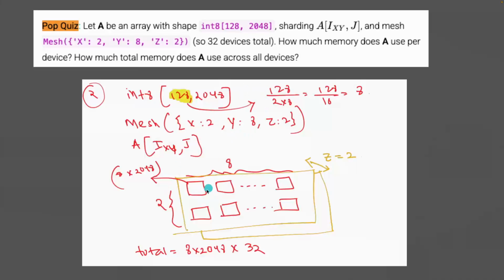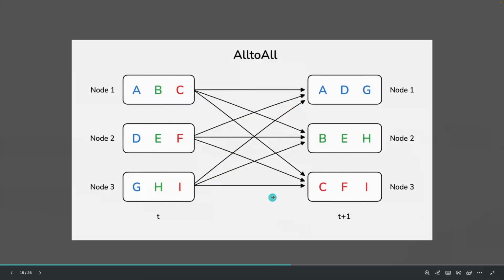This is our mesh, 2, 8, z equal to 2. And each one is 8 by 2048, as only the first dimension is sharded. So per device is 8 into 2048, and it is int8, so it is 1 byte, as 1 byte is equal to 8 bits. You multiply 8 into 2048, and to get the total you just multiply by 32 because you have 32 devices.